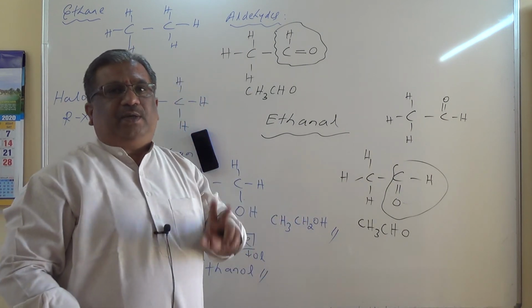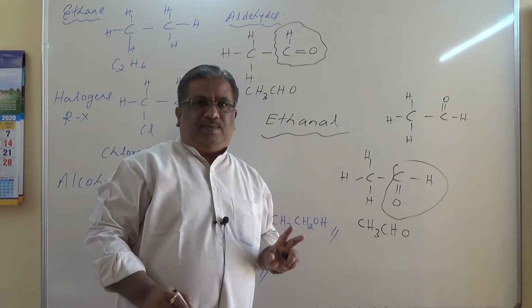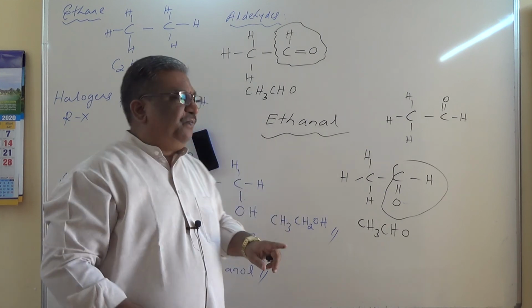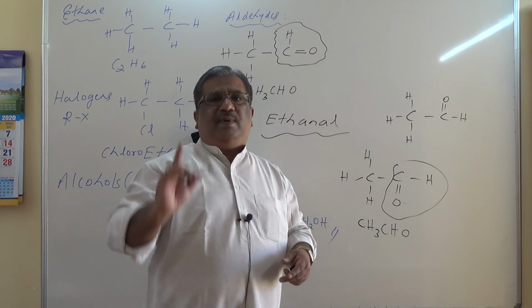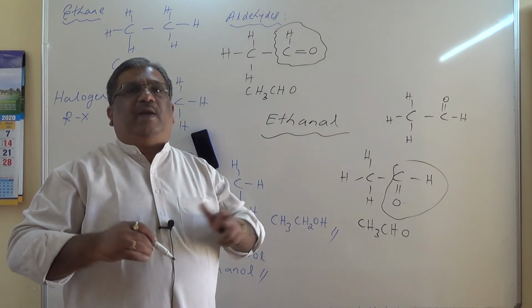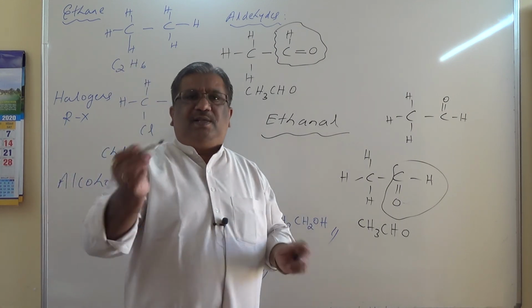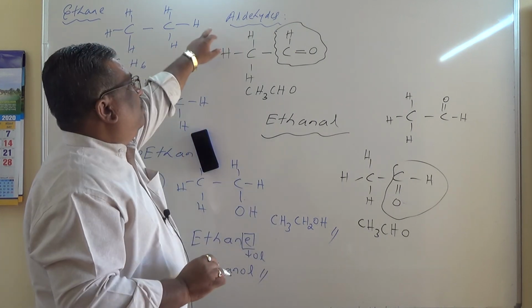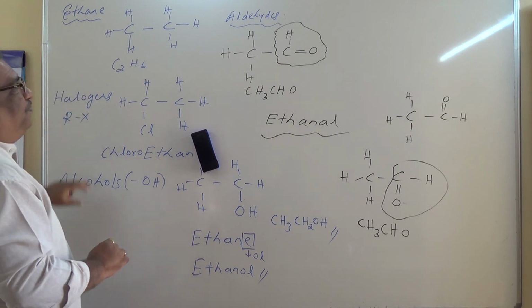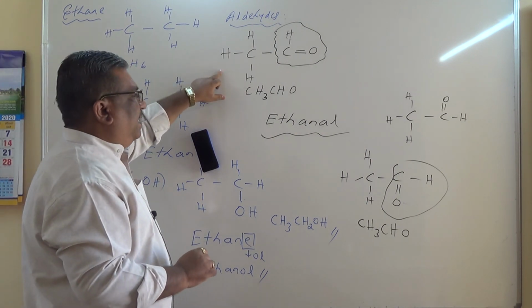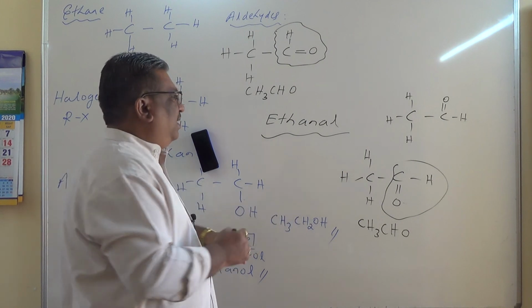In order to form a ketone group, you must have 3 carbon atoms, and the double bond O goes on the middle carbon atom. A ketone group cannot come at the end of a carbon chain. Please remember that. So for ethane, we took the halogens, alcohols, aldehydes. Ketones are not possible.